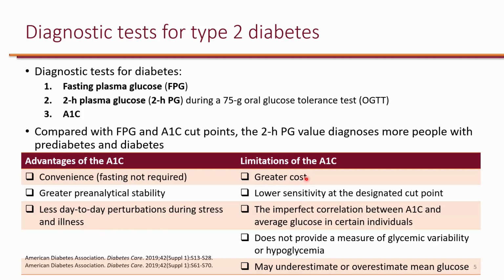It has lower sensitivity. There is imperfect correlation between A1C and average glucose in some individuals. It does not provide the measure of glycemic variability. For example, it doesn't tell you what's the value for fasting and postprandial blood glucose, and it also doesn't tell you anything about hypoglycemia, and it may underestimate or overestimate mean glucose.